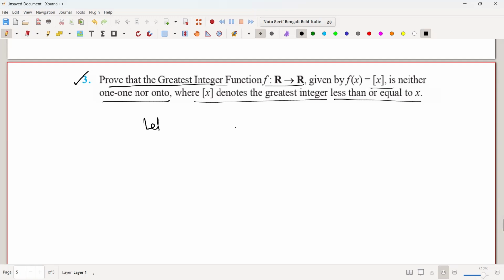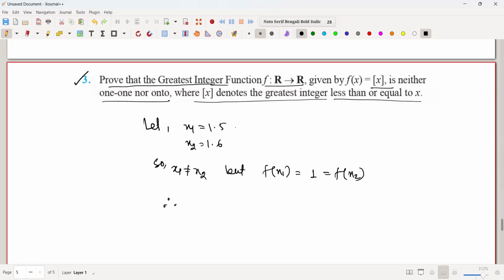Let x1 equal to 1.5 and x2 equal to 1.6. So x1 is not equal to x2, but f(x1) equals 1, which is also equal to f(x2).